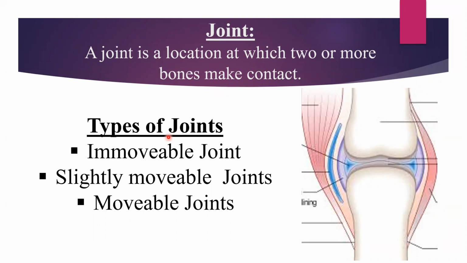Types of joints. Joints can be classified on the basis of the degree of movement they allow. There are many types of joints: immovable joints, slightly movable joints, and movable joints.